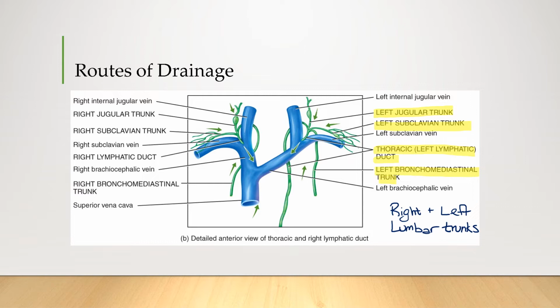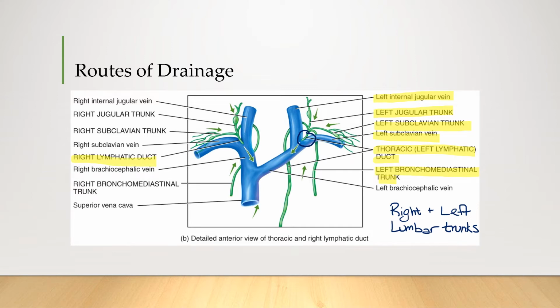The thoracic duct in turn is going to drain lymph into venous blood at the junction of the left internal jugular vein and the left subclavian vein. So right here at this junction of those two veins is where the thoracic duct is going to drain its lymph into the blood. On the other side, we see the right lymphatic duct.